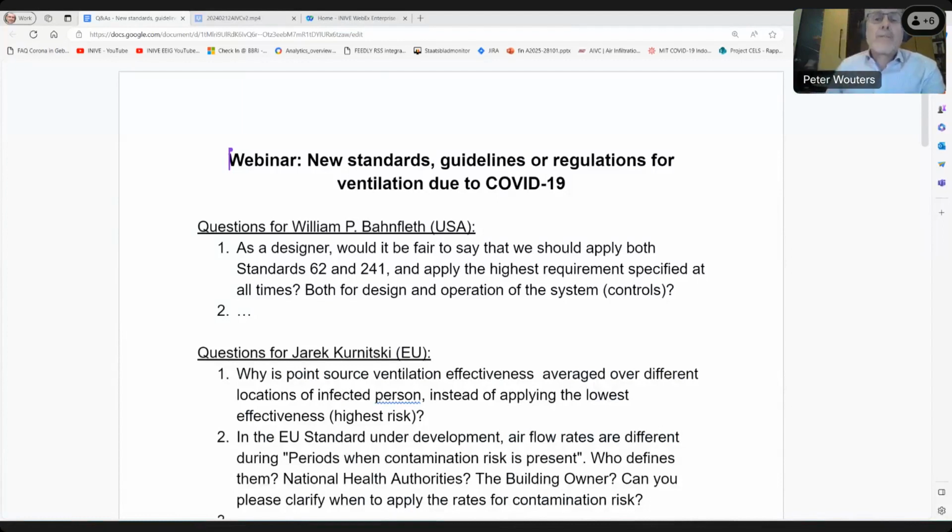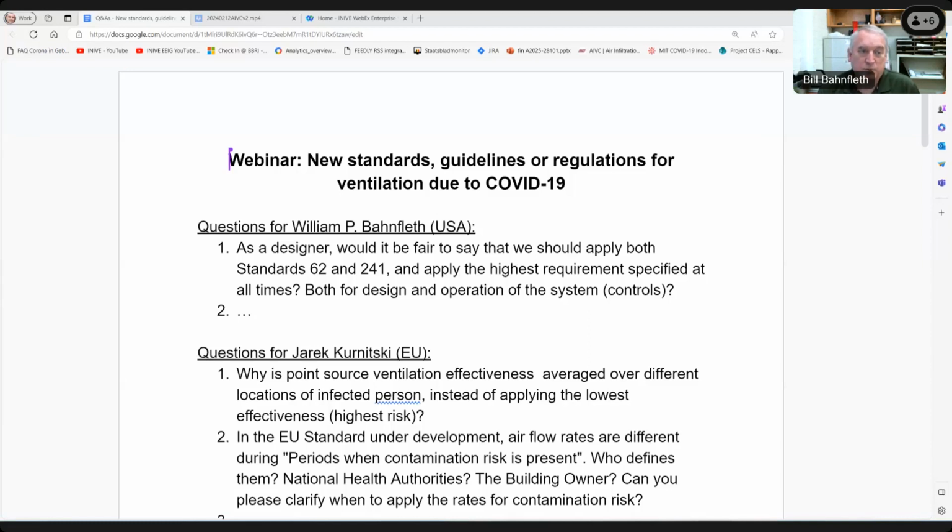Sure. Well, you should apply both to the design and capability of the system, but as I explained, 241 explicitly defines an operating mode that isn't intended to necessarily be used all the time. That's something that a user could decide to do, but it's not considered to be a requirement that you operate that way all the time.